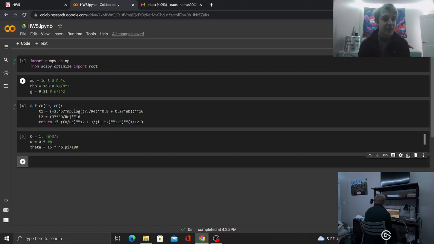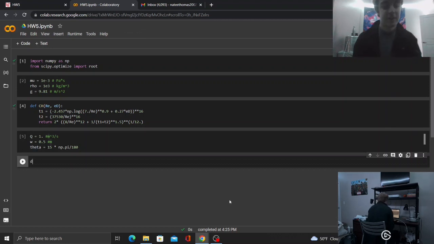And then I've inputted our mu, rho, g, and this Churchill equation here, where it takes in the Reynolds number and surface roughness and gives us our Fanning friction factor. And then I've also just inputted the known values that our problem has stated for us, our Q volumetric flow rate of 1 meter cubed per second, and then our width of 0.5 meters, and our angle theta of 15 degrees.